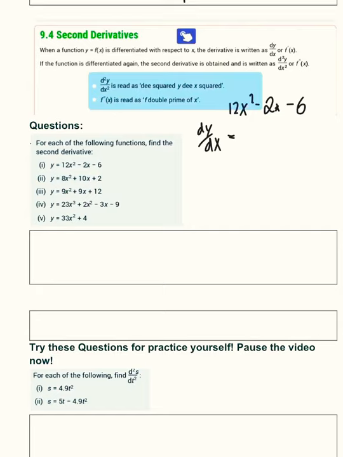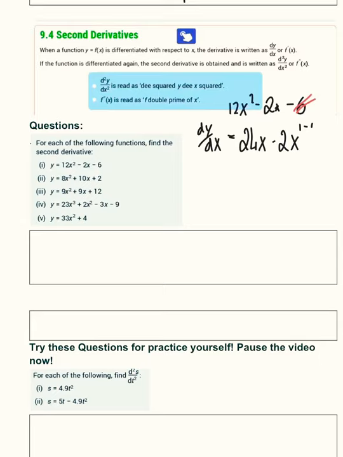So 2 times 12 is 24, minus 1 from the power gives 1. Minus 2x to the power of 1, so 1 times minus 2 is minus 2, and 1 minus 1 leaves me with 0. As usual, we don't differentiate constants, we can cross that off.